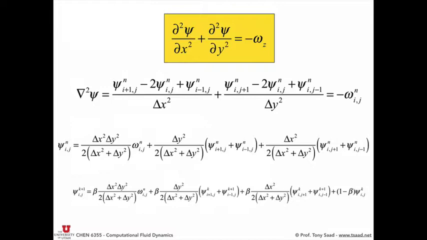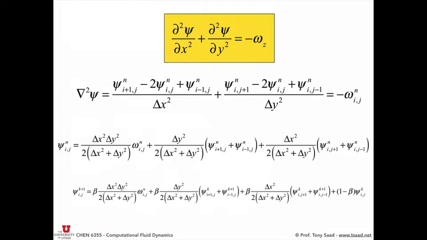Okay, so let's arrange terms together a little bit. We have a 1 over delta x squared psi I minus 1 j.